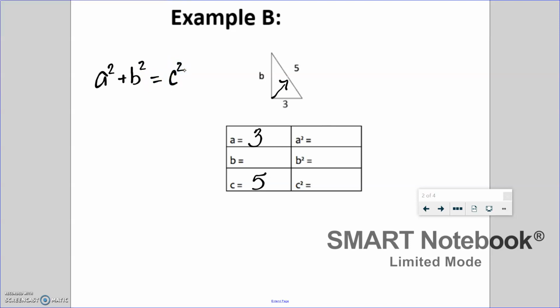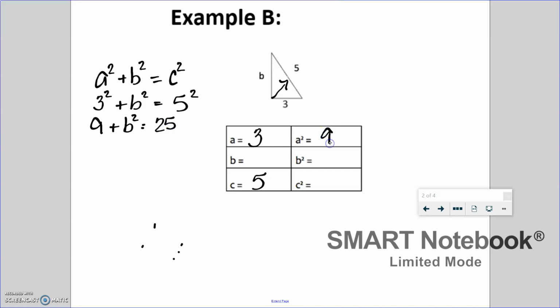Okay. A is 3, so I'm going to substitute in my values. So 3 squared plus B squared is equal to 5 squared. 3 squared is 9, plus B squared is equal to 25.